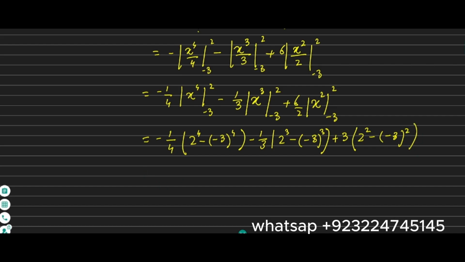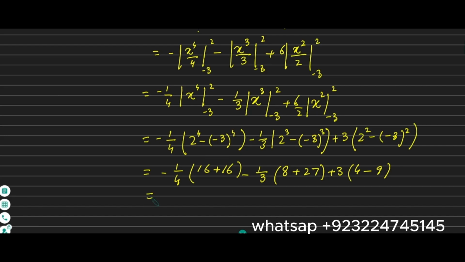Now we simplify it. Minus 1 by 4, 2 raised to power 4 is 16, minus 3 raised to power 4, minus 16. By this minus multiply, we will get plus 16, minus 1 by 3, 8 plus 27, plus 3, 4 minus 9, negative 9.